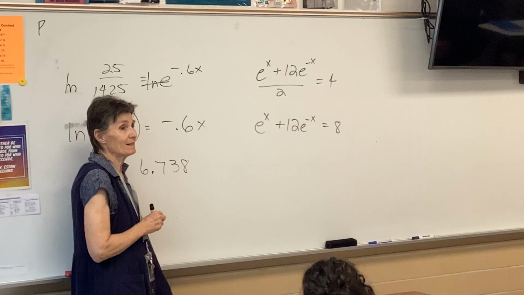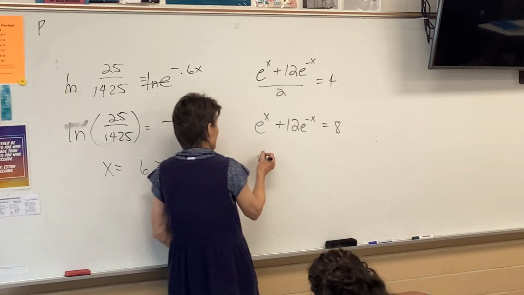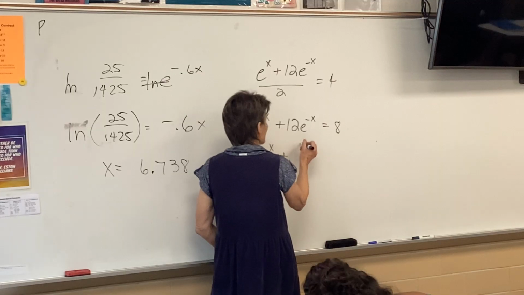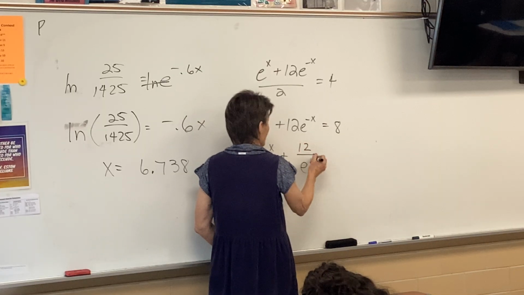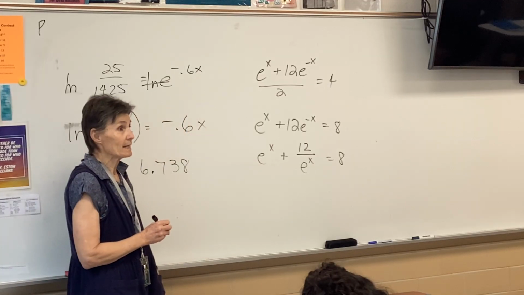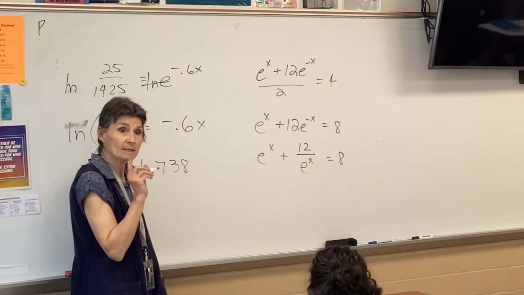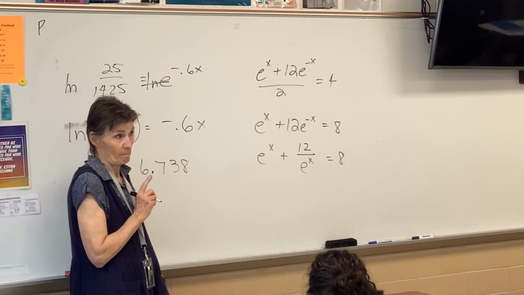What do we do with negative exponents? Make them positive. So this is going to be e to the x plus 12 over e to the x equals 8. Right? We don't like negative exponents. Now what do you think we might do?